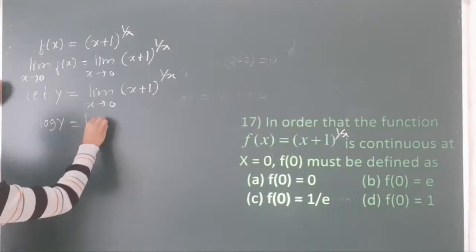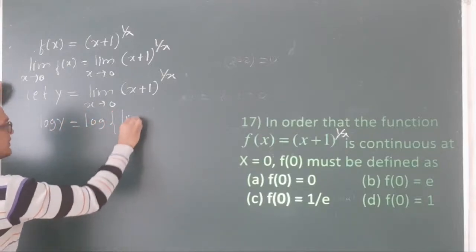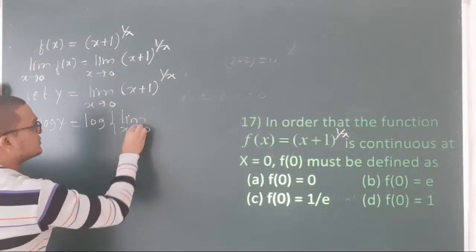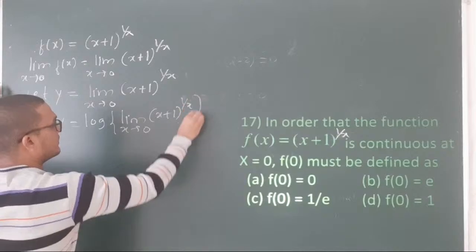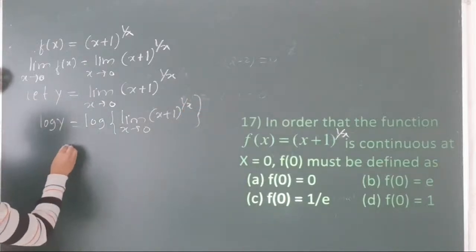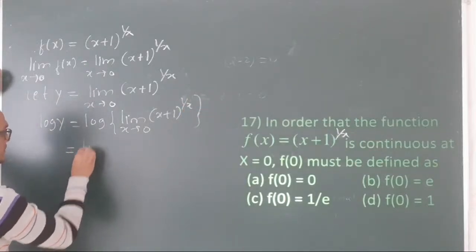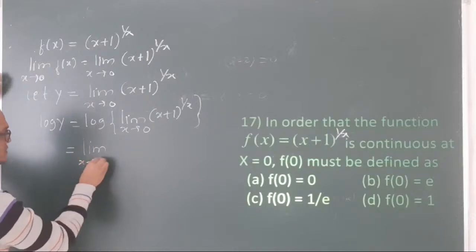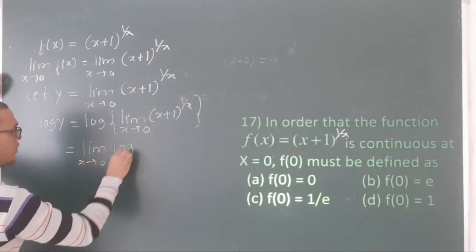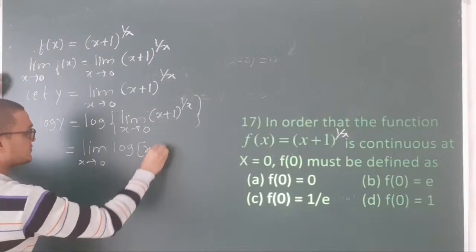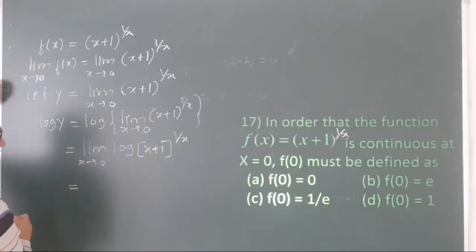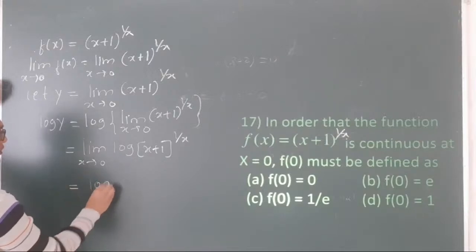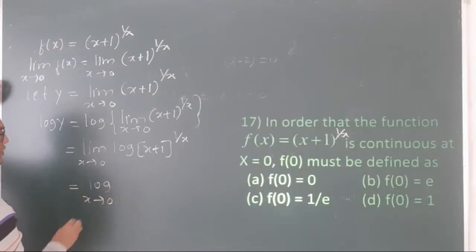So it is log of the limit as x tends to 0 of (x plus 1) to the power 1 by x, which is equal to the limit as x tends to 0 of log of (x plus 1) to the power 1 by x.